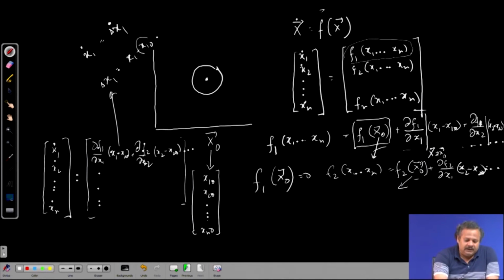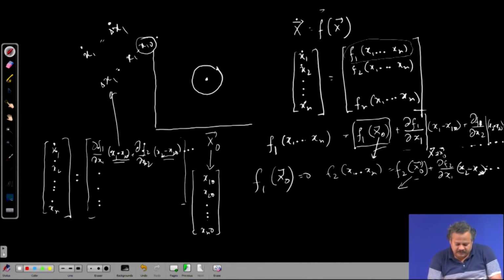This x1 naught is simply the coordinate of the equilibrium point along the x1 axis. So, these x1 minus x1 naught, x2 minus x2 naught can be replaced by a single variable, let us say little x, and similarly x dot for the entire vector.